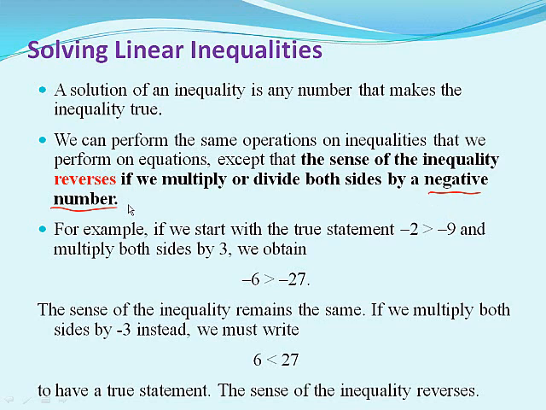For example, if we start with the true statement negative 2 greater than negative 9 and multiply both sides by 3, we get the inequality negative 6 is greater than negative 27, which is true. The sense of the inequality remains the same. If we multiply both sides by negative 3 instead, we must write 6 less than 27. The sense of the inequality reverses this time because we are multiplying with the negative 3.